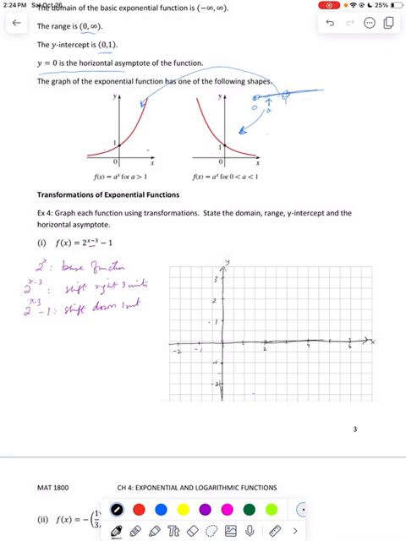So first thing that you should do, whenever you see a transformation of an exponential function, is to see: does the asymptote move? When will the asymptote move? Only when there is a vertical shift. So if we are going up or going down, then we will have a shift of the asymptote.